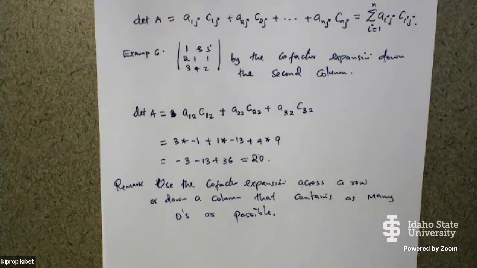If you find that there are as many zeros as possible in some of the entries, then you can use that row or column to get it done. So easy.